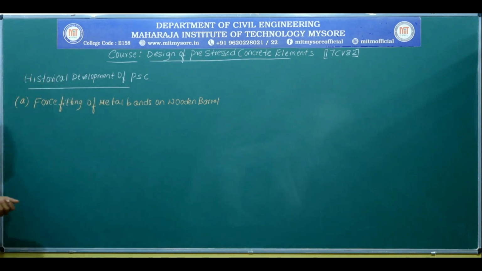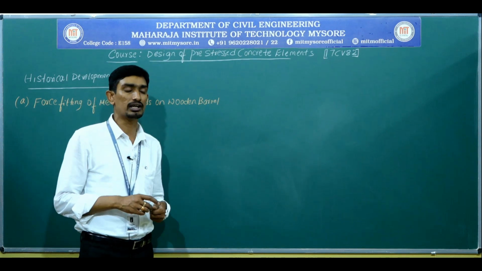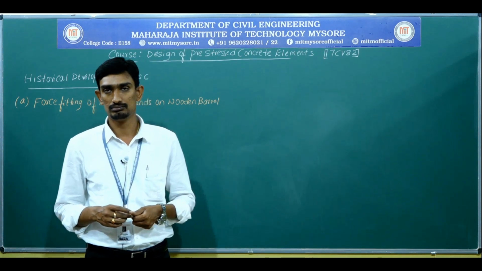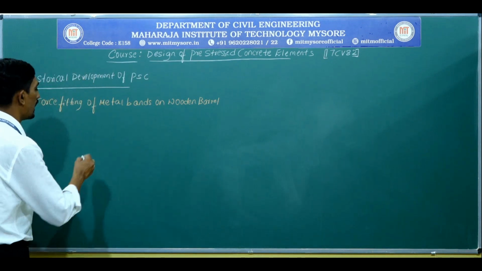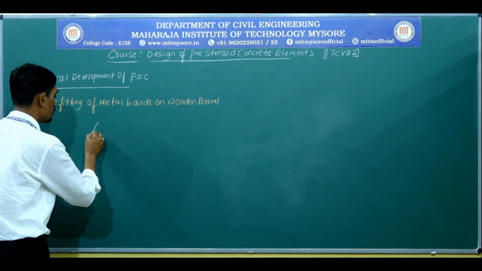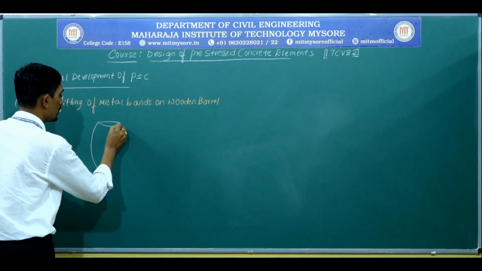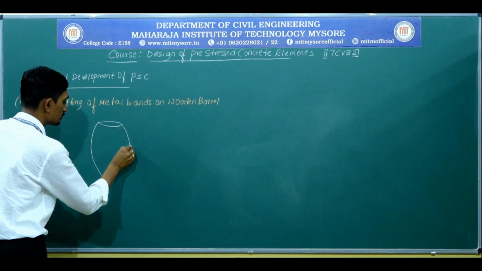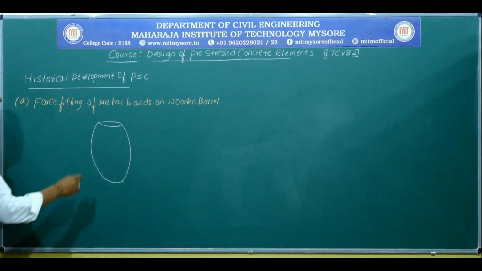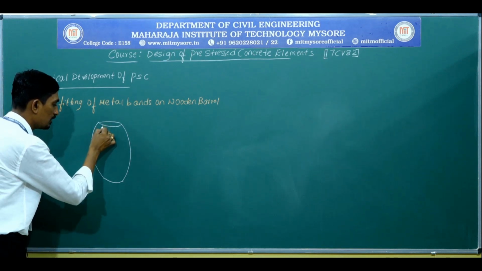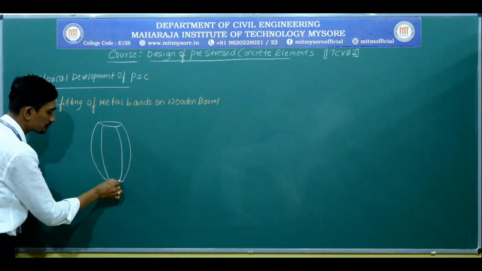So this is the first example I am going to consider for how this PSC concept has evolved. Let me draw this wooden barrel. So this is the wooden barrel which we are going to consider. And these are the panels or staves of the wooden barrel.